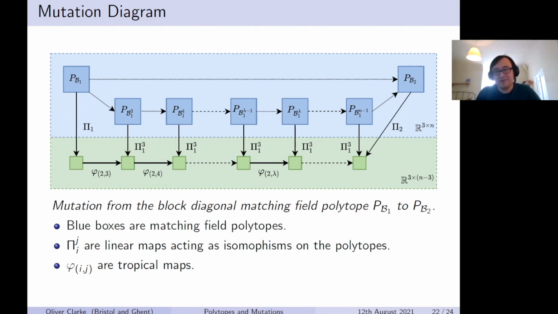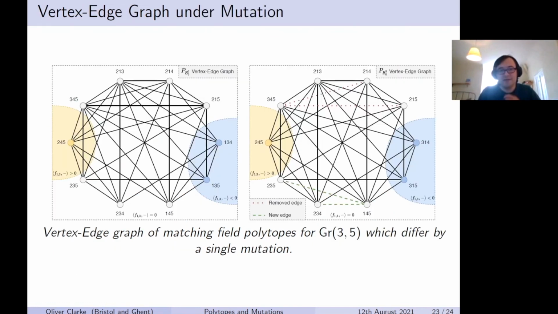If you wanted to study, say, how the phase lattice is changing, it's actually quite difficult. So say for the Grassmannian 3-5, these are two examples of the vertex-edge graphs of two intermediate matching fields. The only two vertices that are really moving are the ones on the right-hand side in the blue region.